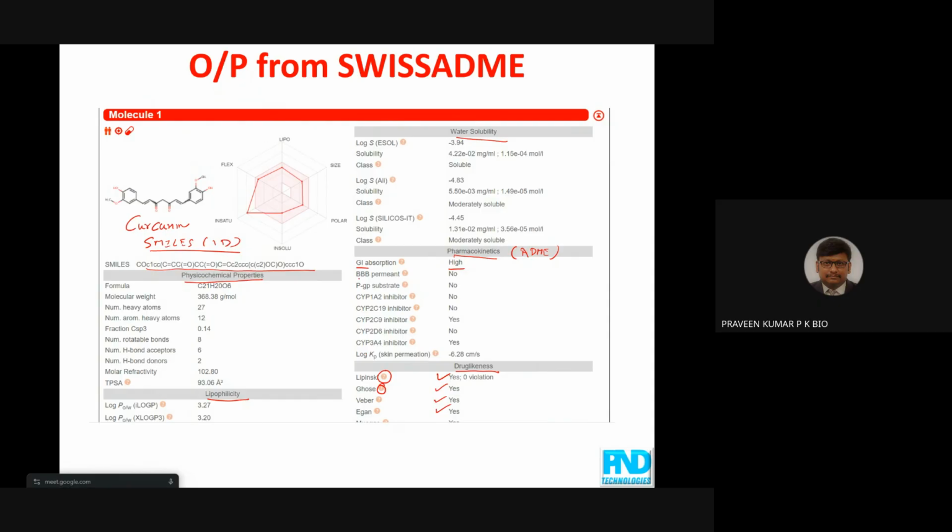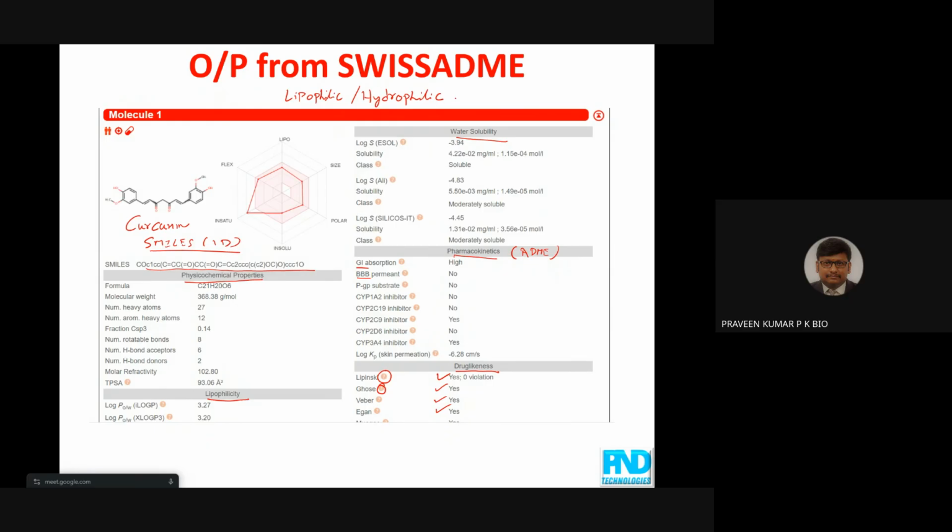And BBB stands for blood-brain barrier. What do you mean by this? Why do we have to do this? The drugs are majorly classified into two types: lipophilic and hydrophilic. Lipophilic means lipid loving, and hydrophilic means water loving.